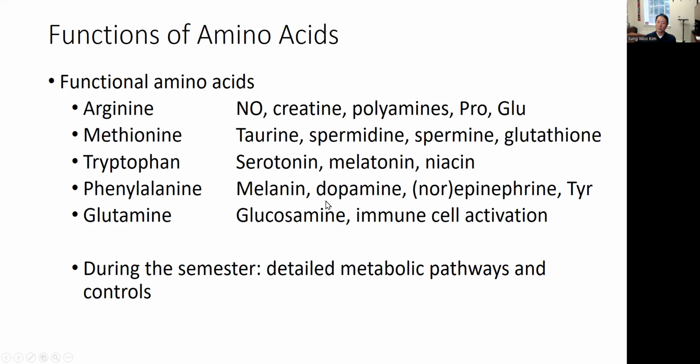In the case of arginine, when it is converted, it will produce nitric oxide, NO, and this nitric oxide will be used to produce cyclic GMP.